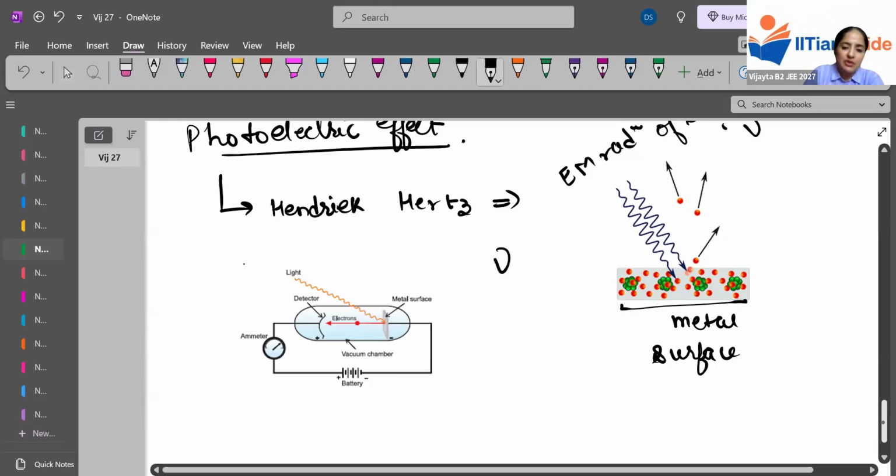You just write it in short, don't write the full word frequency. It's a short way of making notes.